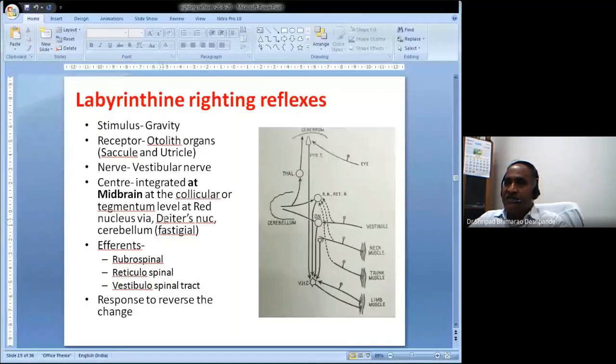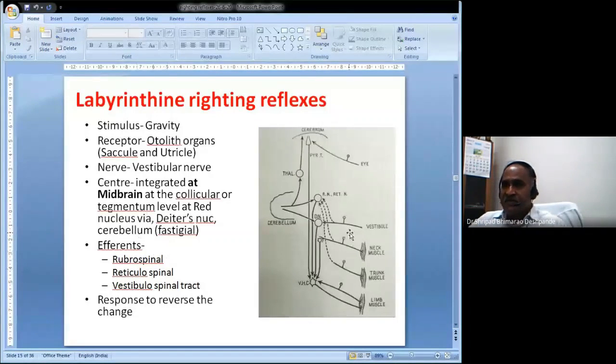The red nucleus, Deiters nucleus, and cerebellum, because the cerebellum is also involved in the vestibular function, these three are other centers also participating. The main integrating center is the midbrain. If the midbrain is cut, this integration will not be possible.